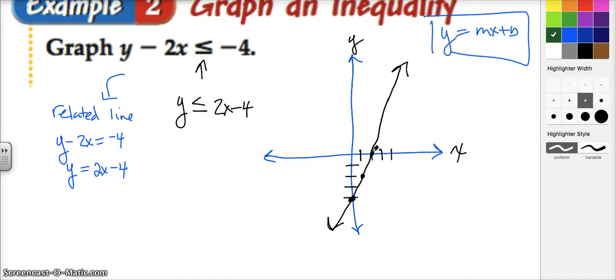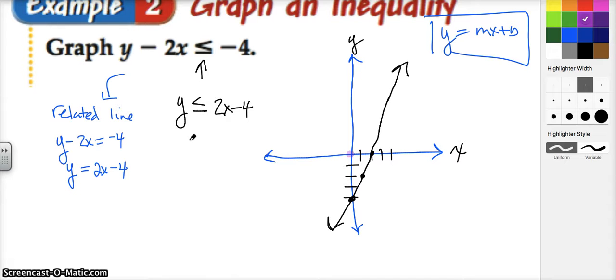So your text and other texts will tell you, now that you have drawn a line and split the plane into two separate places, the question is where to shade. So what you're supposed to do is grab some point, let's say the origin, and plug that point, some random point, into the inequality.